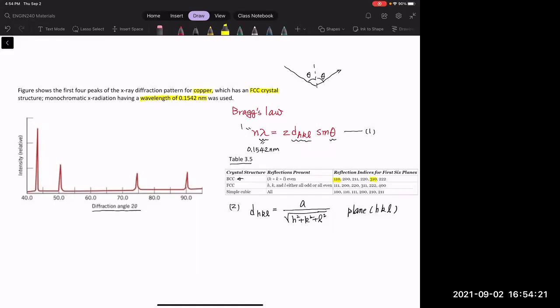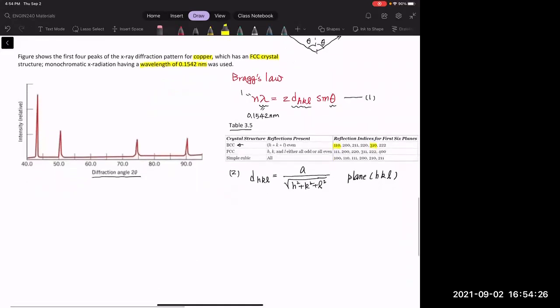Okay, so how do we work on this problem? Now, the first step is that you look at each one of the peaks. You need to find out what is the angle for each one of the peaks to happen. Let's look at the first peak here. The first peak, you have to do an estimation. I'm going to estimate this is 43.8 degree.